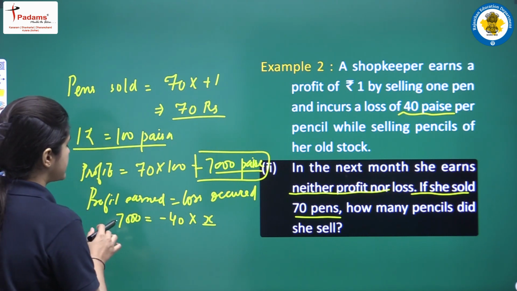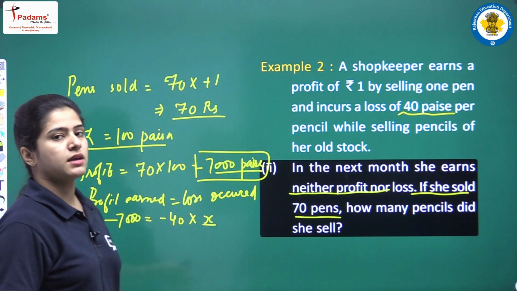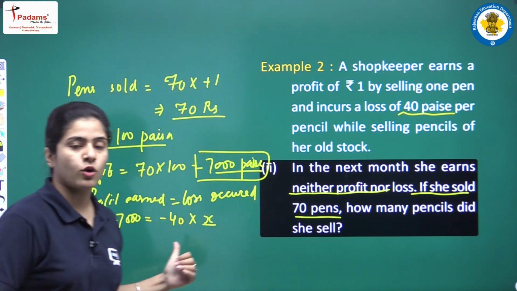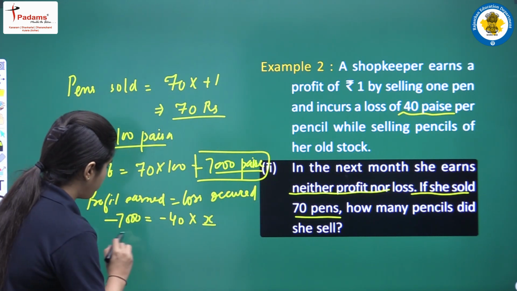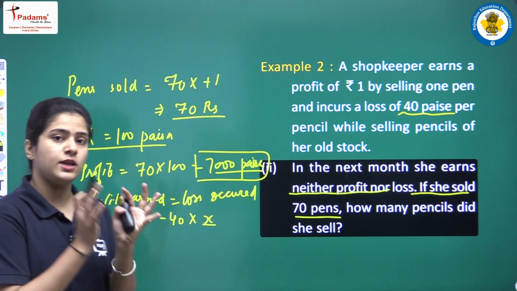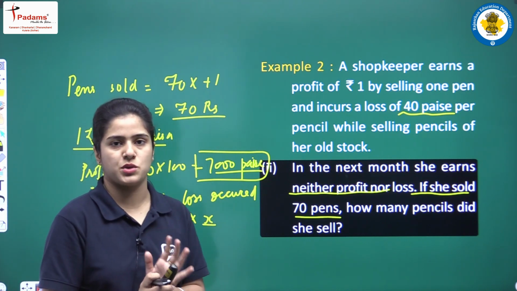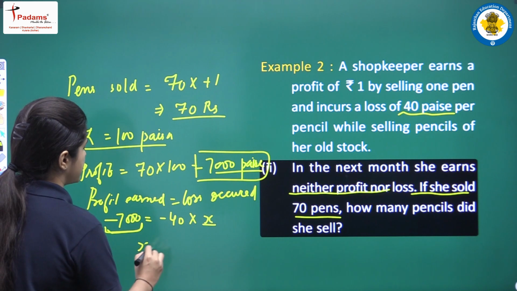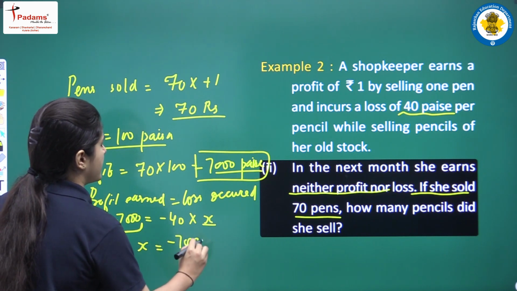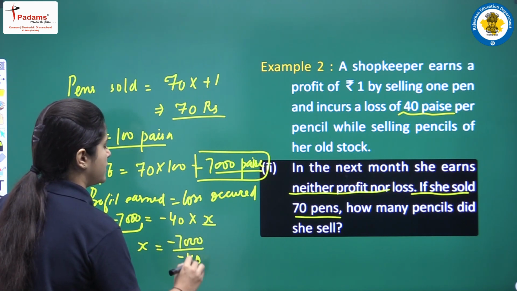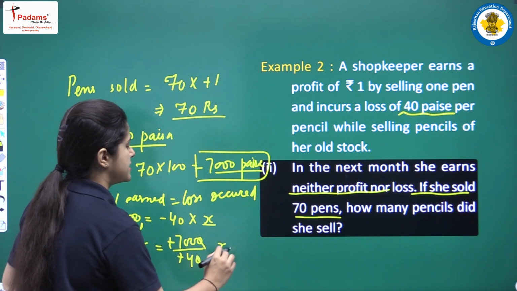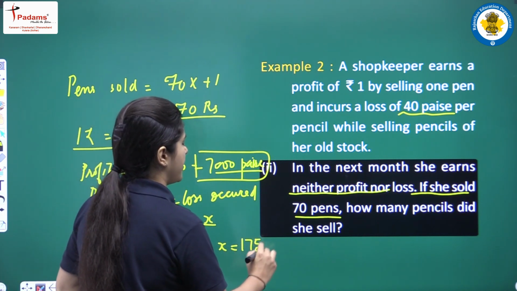Okay, and this is in minus. Why is it in minus? Because now we are talking about the loss. We are having a loss of 7000, then only we'll be having a no profit no loss situation. Okay, so x is equals to minus 7000 divided by minus 40, minus to minus cancel, then it is equals to 175 pencils.